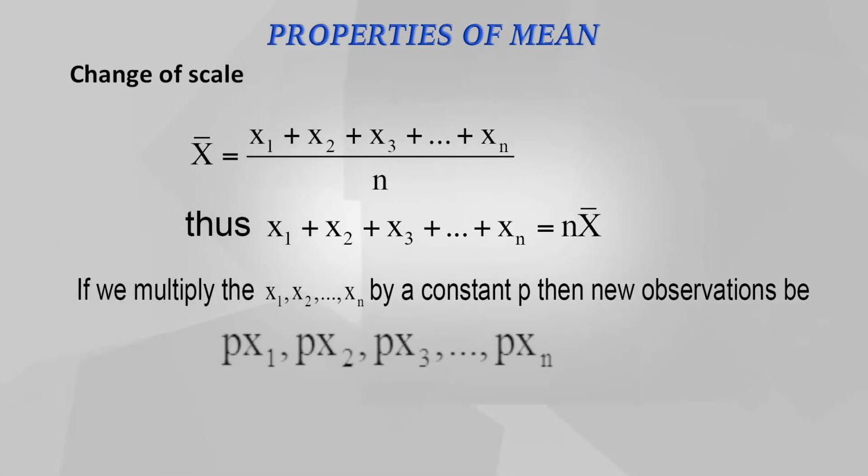If we multiply all the values in the data x1, x2, x3 up to xn by a constant p, then the new observations will be px1, px2, px3 up to pxn.